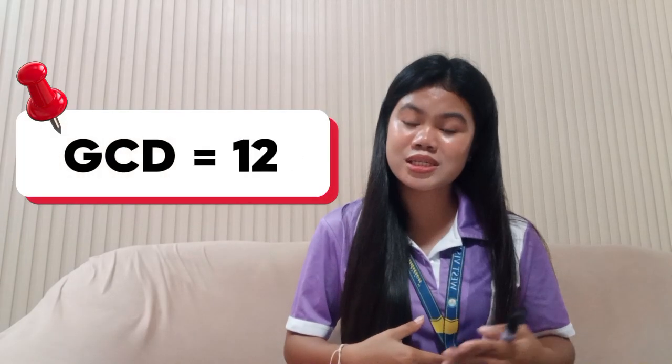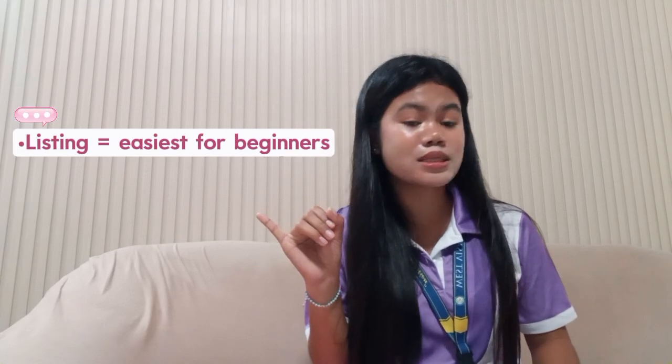Yes. So, did you guys notice something in our discussion? Yes, all three methods give the same answer. Their GCD is 12. First is the listing, which is the easiest for beginners.